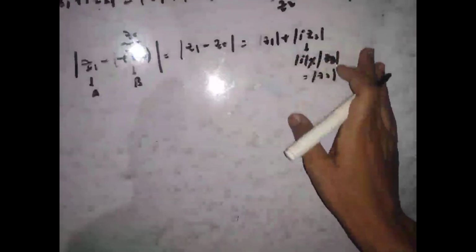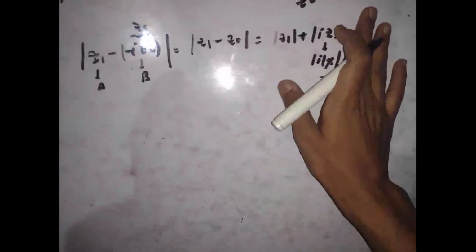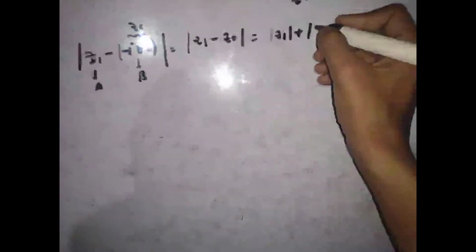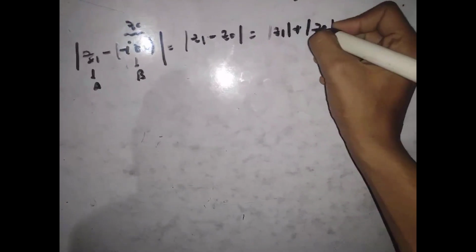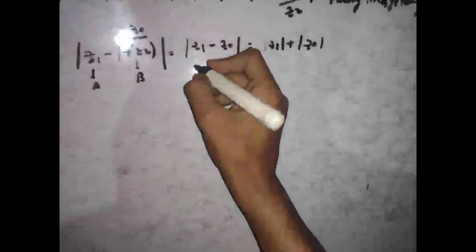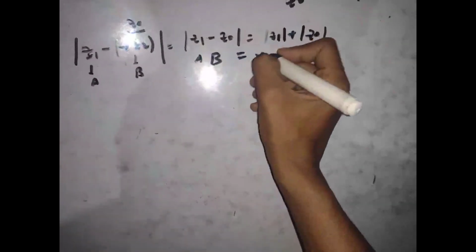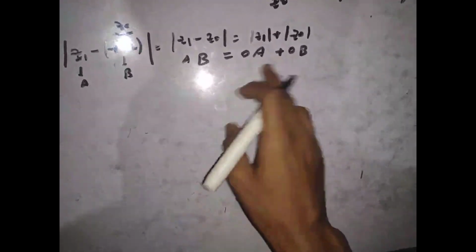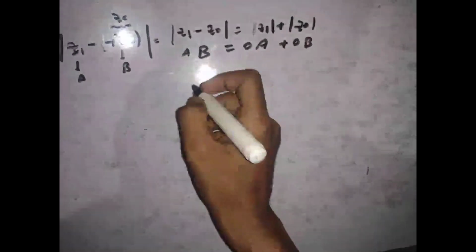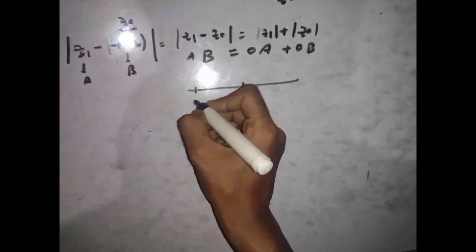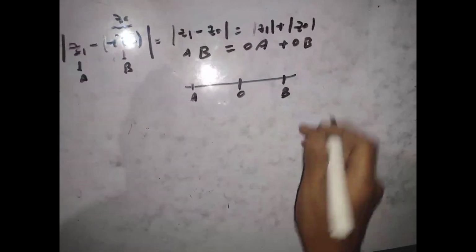So instead of writing I Z2, we can simply write mod Z2, okay. So this is mod Z2, and instead of that we can also write mod Z0, okay. So this is the thing. Now again, this is AB, this is OA, and we can call this OB, okay. We can see that OA plus OB equals AB, which means that again O should be somewhere in the origin, in between A and B.